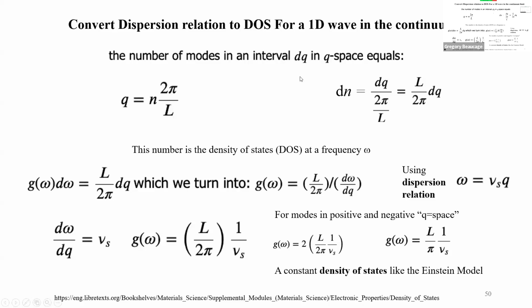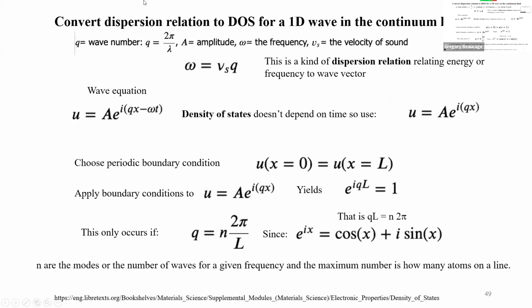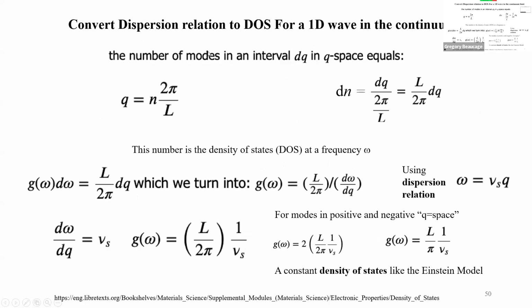Then you can take this dispersion relationship, so frequency goes with k, the Einstein, and take the derivative of this to get this: dq equals d2 pi over L gives this expression. So if you say the density of states, let's see, how does this work?